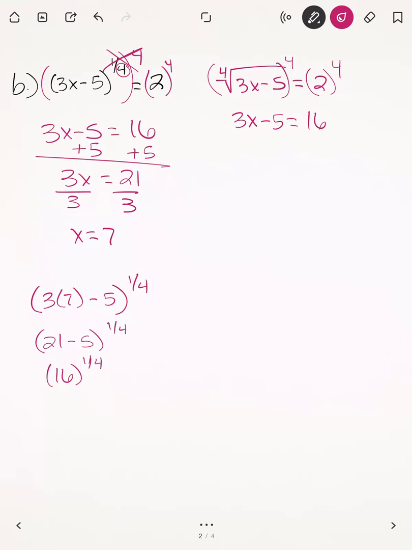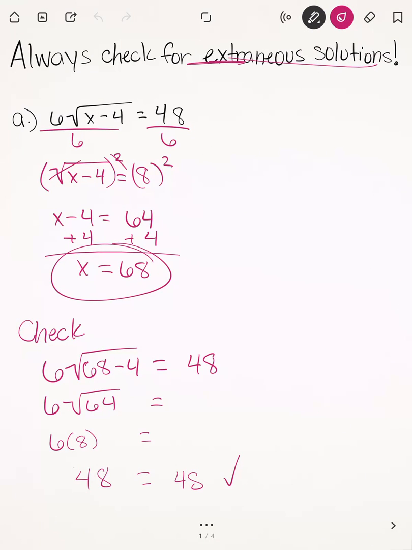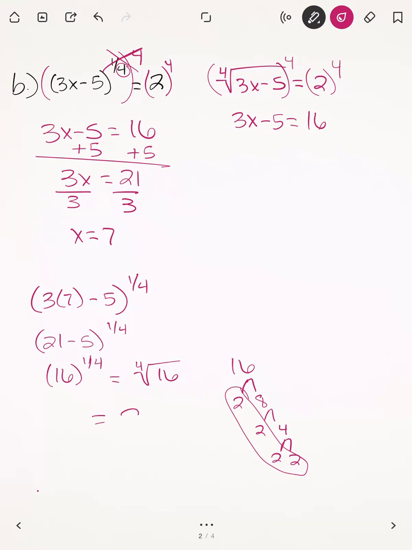To the 1/4 power means I'm taking the 4th root of it. I break down 16: 2 times 8, 2 times 4, 2 times 2. I need a group of 4. I have exactly one group of 4, which means it gets to leave as a 2. So did 2 equal 2? Yes, it did. x equals 7 is my answer.